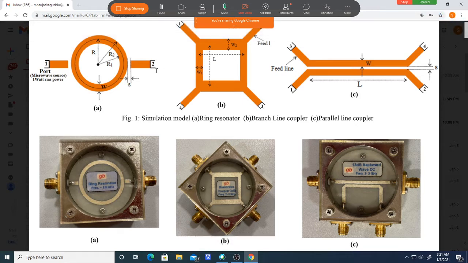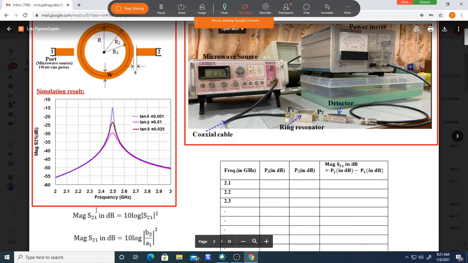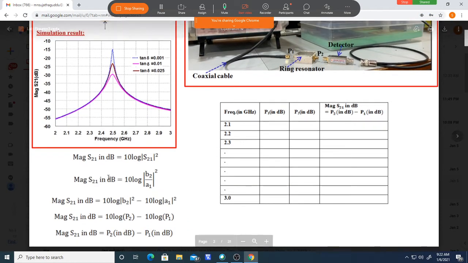For that we use S21. This is what we have done in the simulation too. We varied the frequency from 2 to 3 gigahertz, took the power as 0 dBm, and observed the response, that is, the ratio P1 to S21.